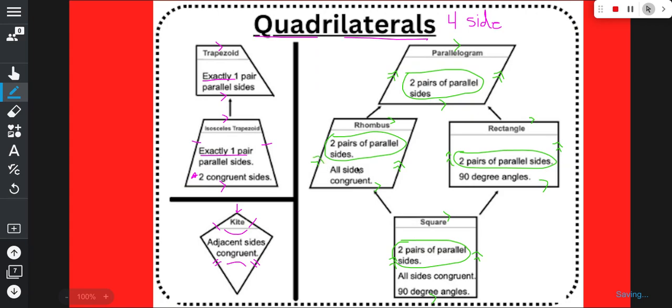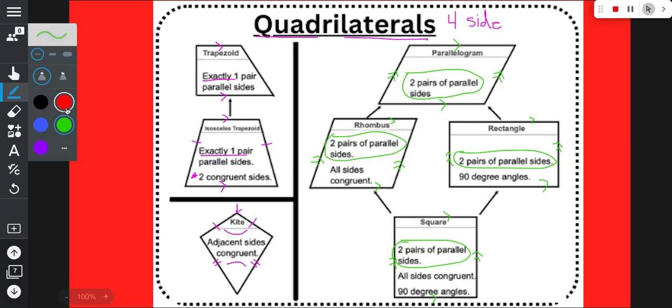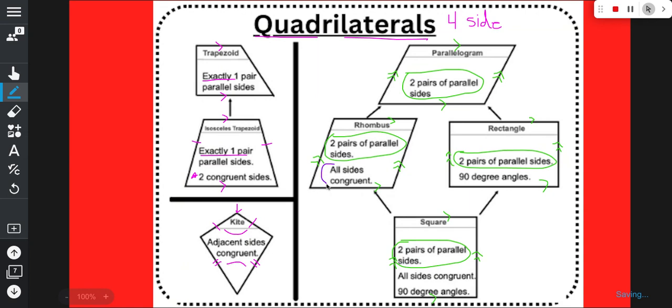All right, if we move down from that and go into the rhombus, we'll change to purple here. A rhombus has the two pairs of parallel sides, but it also says all sides are congruent. So that means all the sides are the same length. If we look down at square, a square also has that definition. So all sides are congruent.